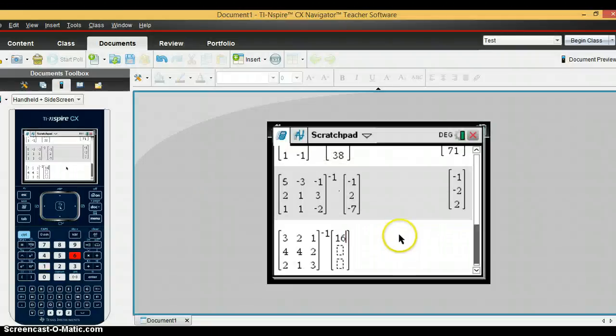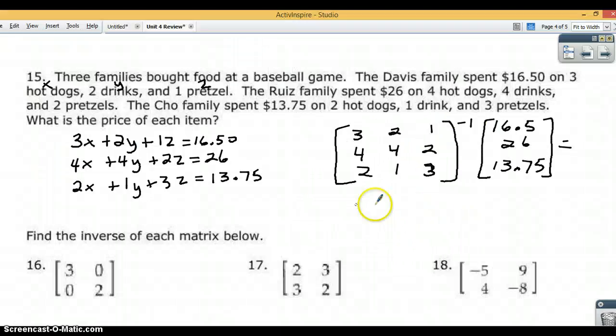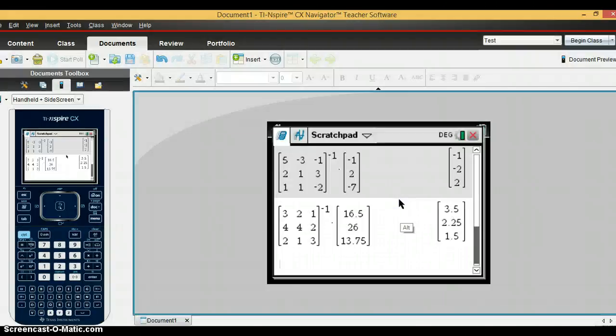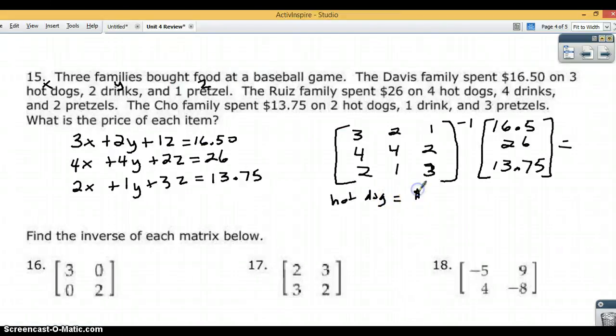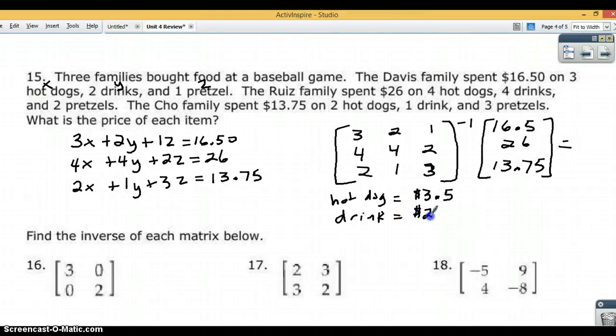This will be 16.5, 26, and 13.75. So the hot dog is equal to $3.50. The drink, in this case, is equal to $2.25, and the pretzel is equal to $1.50.